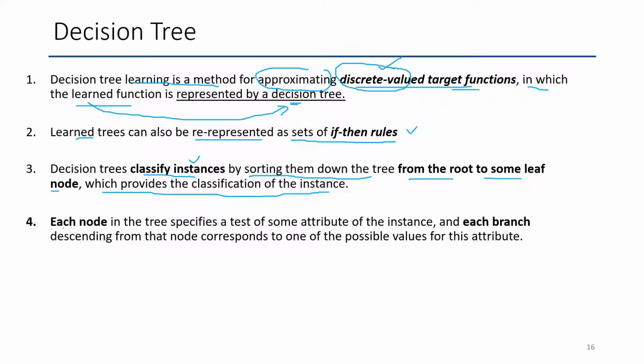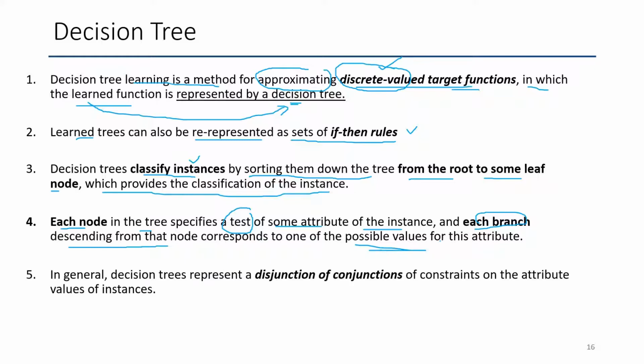The fourth point is that each node in the tree specifies a test. Each node represents a test of some attribute of the instance, and each branch descending from that node corresponds to one of the possible values. So branches are the possible values and the node is the test.